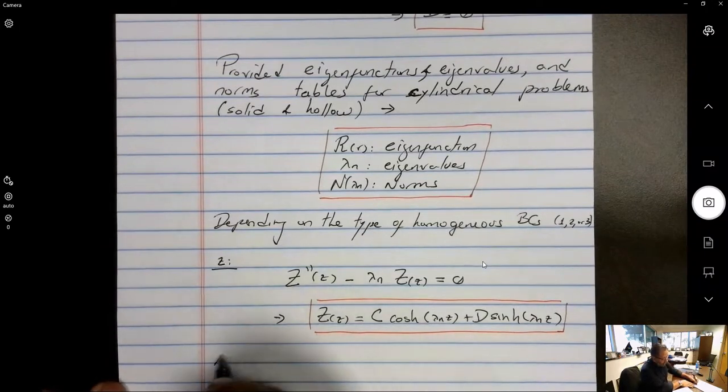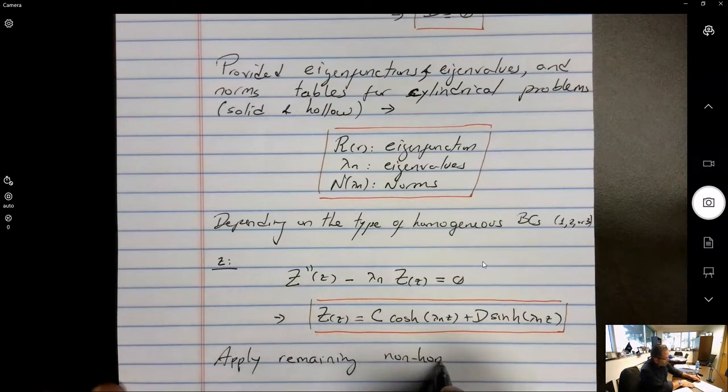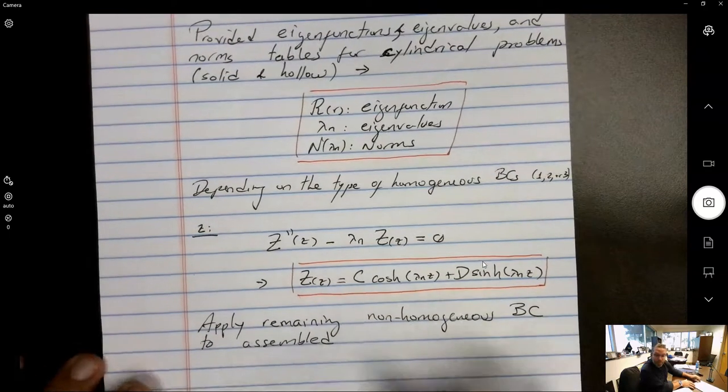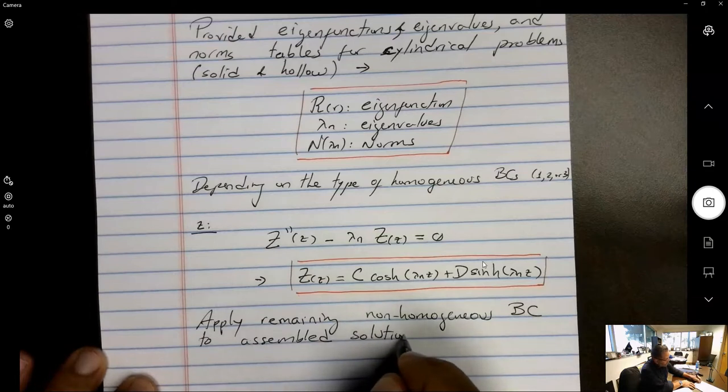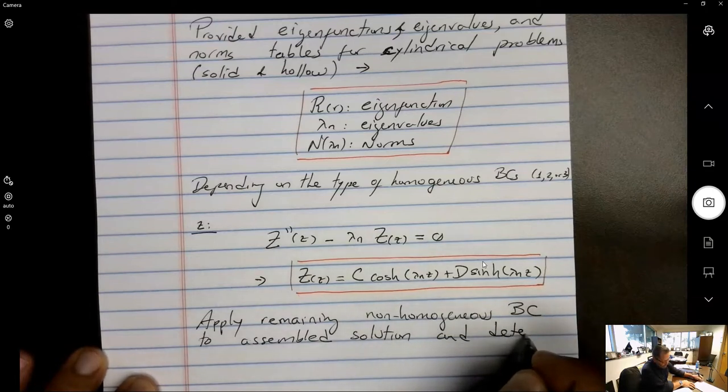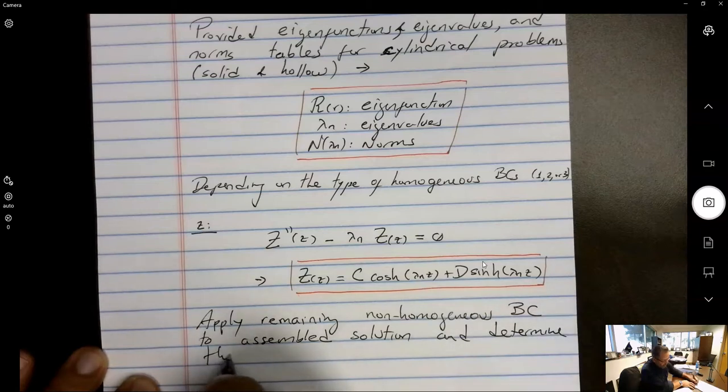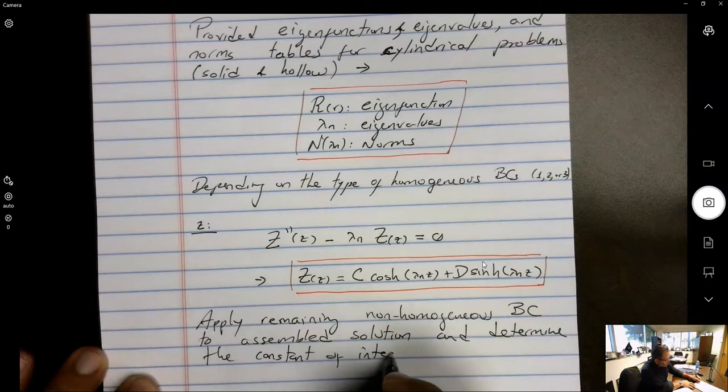So what we do, as always, is apply the remaining non-homogeneous boundary condition to assemble the solution, and determine the constants of integration using orthogonality.